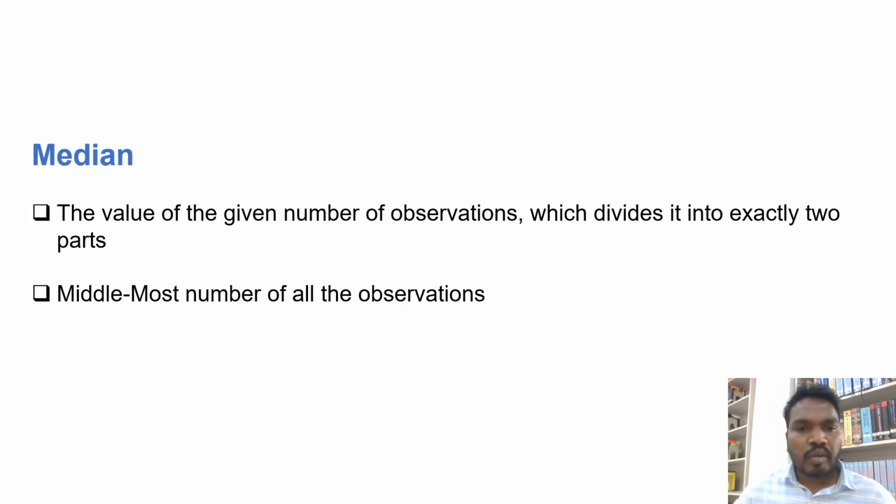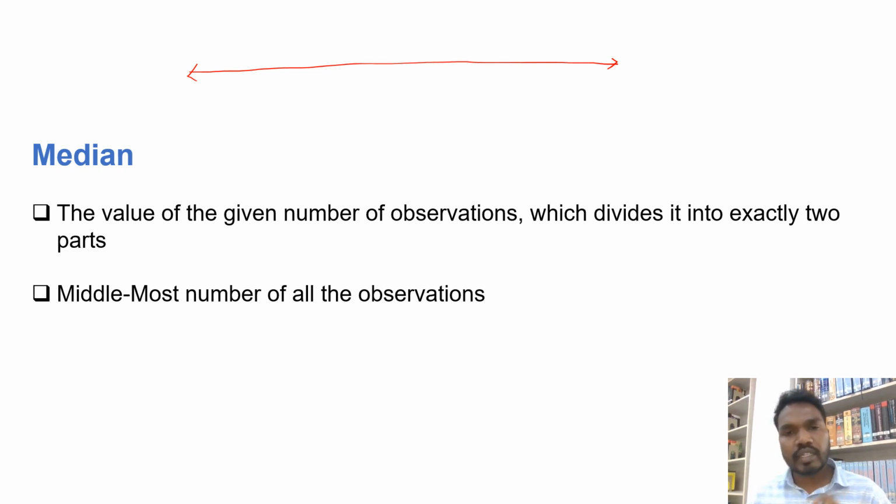So here, the median, right? This is also one of the measures of central tendency. Median is nothing but, when you have data and put it in an ordered way, whether ascending order or descending order, the number which divides the whole set of data into two equal parts is called the median. Therefore, the median is also known as the middlemost number of all the observations, all the data points.